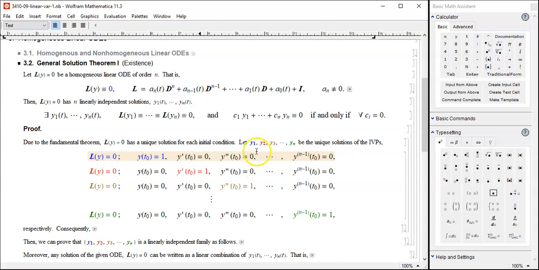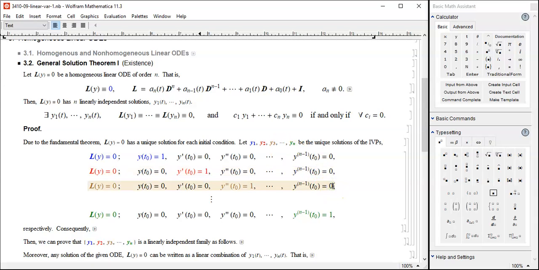We're going to call it y1. Please pay attention to this color coding. Now here's a second IVP. This time, same ODE, but the initial condition is a little bit different. Y of t0 is 0, and the first derivative, y prime of t0, is 1, and all those other derivatives, second derivative, third derivative, all those are 0 when evaluated at t0. That has a unique solution, and that's y2.